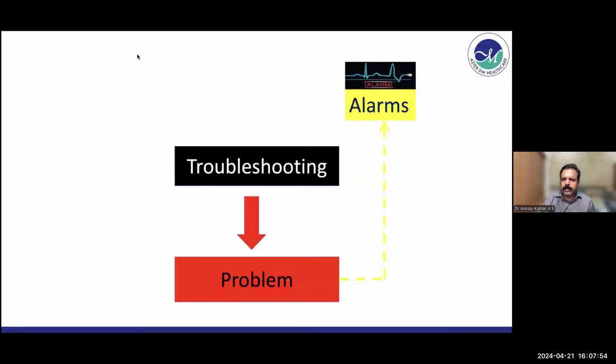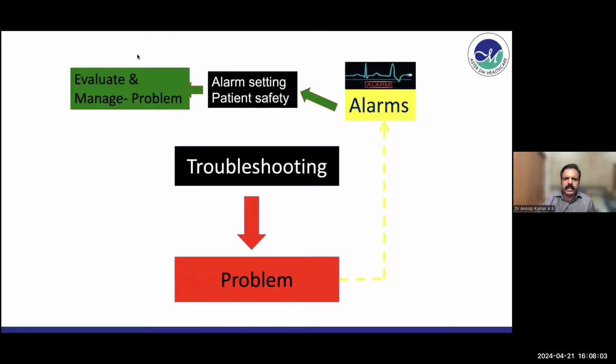Then that problem will be reflected as some alarms. Those of you working in the ICU might have seen alarms in the monitor or in the ventilator ringing. These alarm settings are already done by the machine or by the operator for patient safety, and this is actually to evaluate and manage the problem.